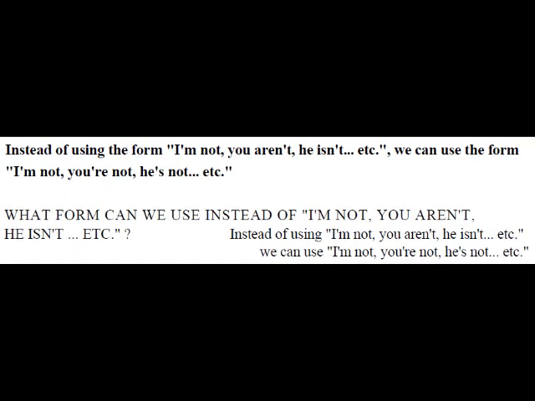Instead of using the form I'm not, you aren't, he isn't, etc., we can use the form I'm not, you're not, he's not, etc. What form can we use instead of I'm not, you aren't, he isn't, etc.? Instead of using I'm not, you aren't, he isn't, etc., we can use I'm not, you're not, he's not.